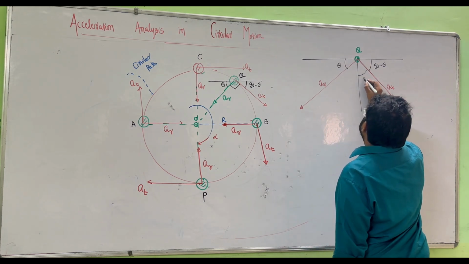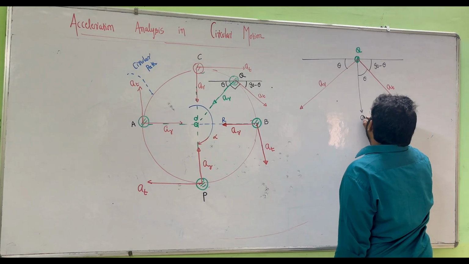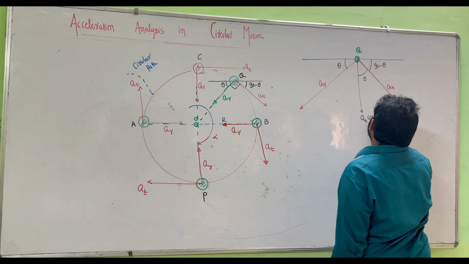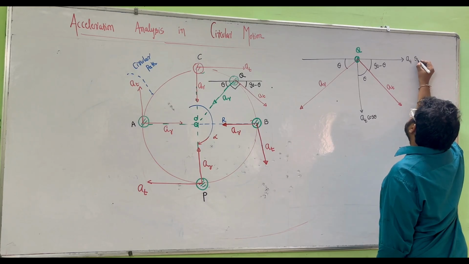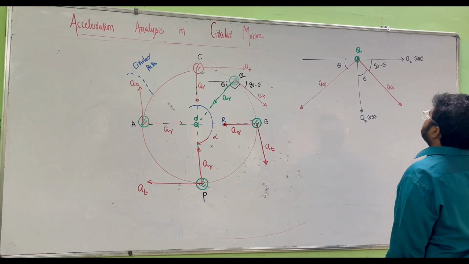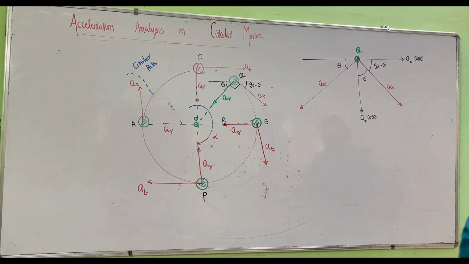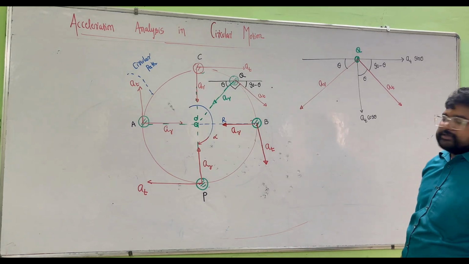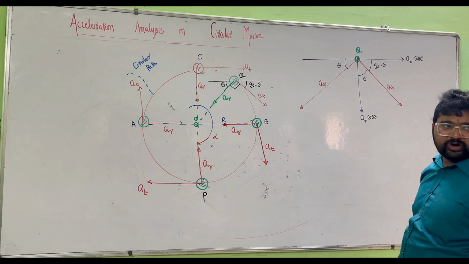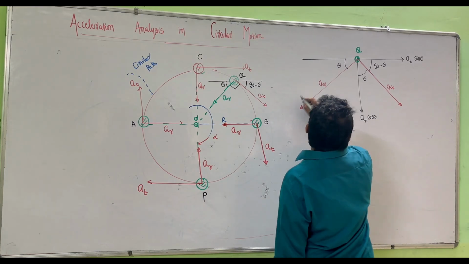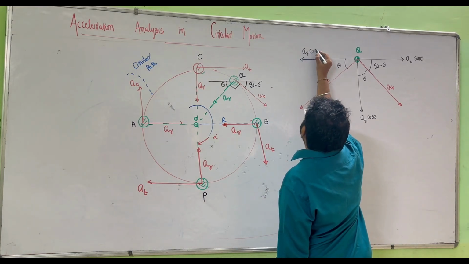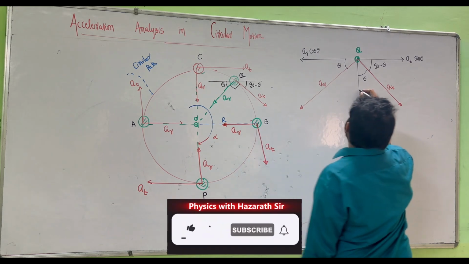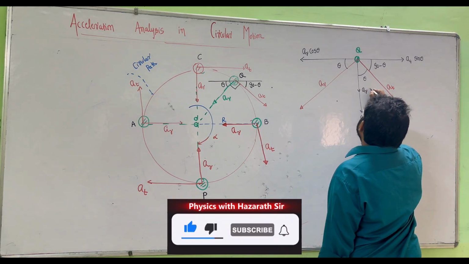So the components are AT cos theta and AT sin theta. Understood? Otherwise it will come downward only. And here, AR cos theta and AR sin theta.